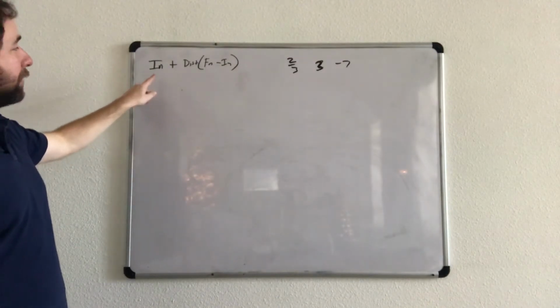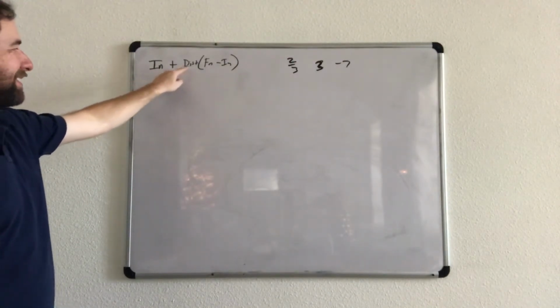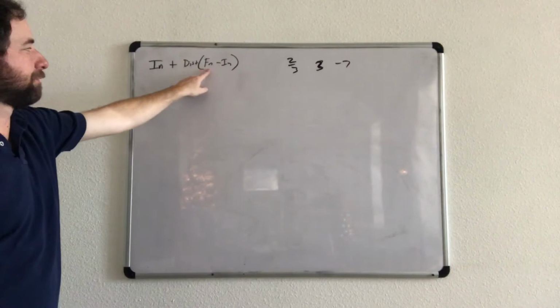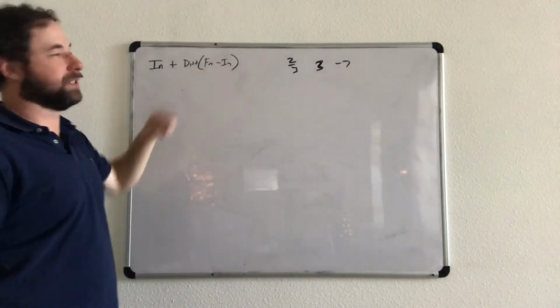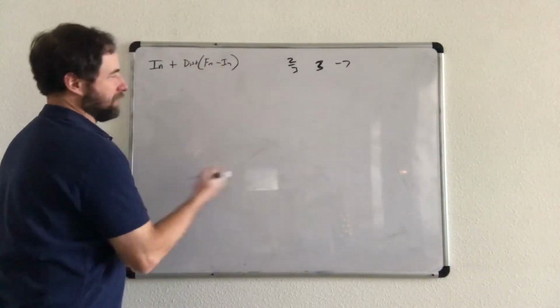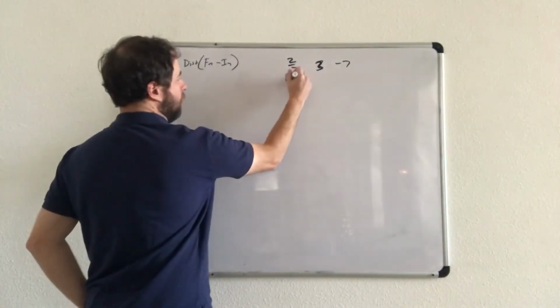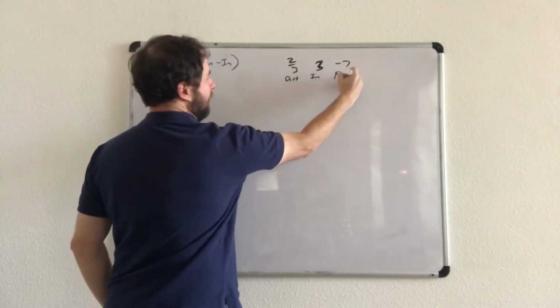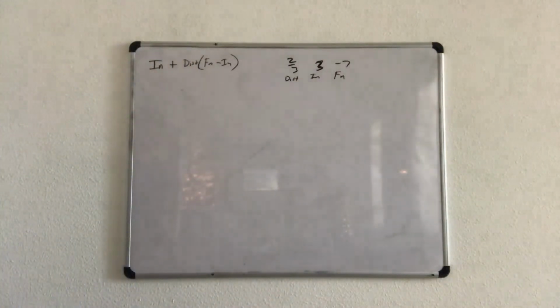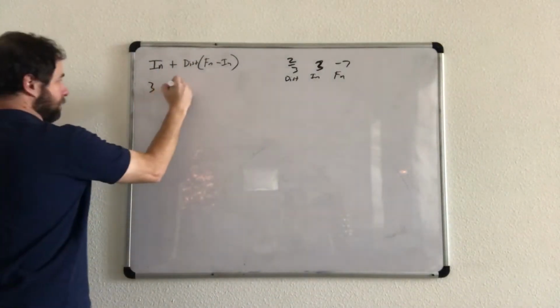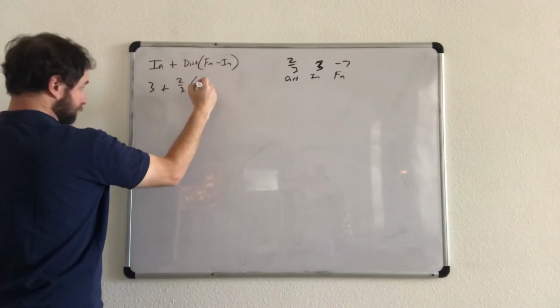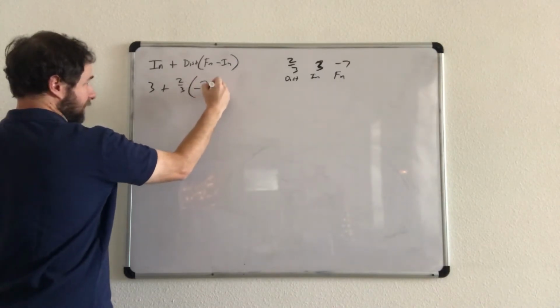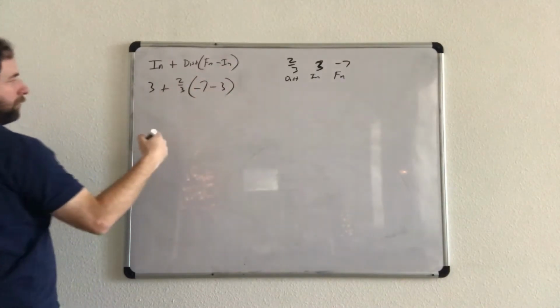What you're going to do is take the initial number plus the distance times the final number minus the initial number. Now the distance is 2/3 of the way. The initial number is 3 and the final number is -7. So we're going to take 3 plus 2/3, parentheses, -7 minus 3.